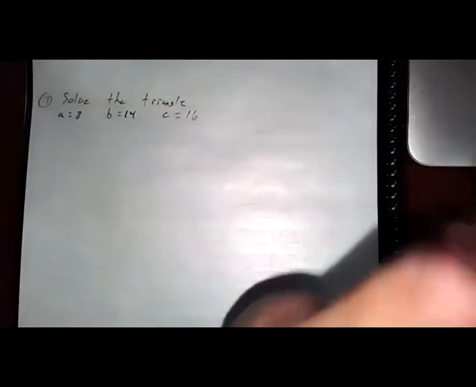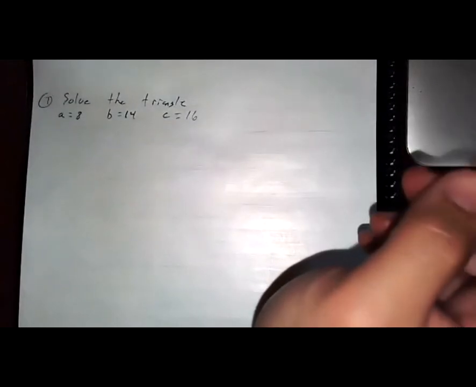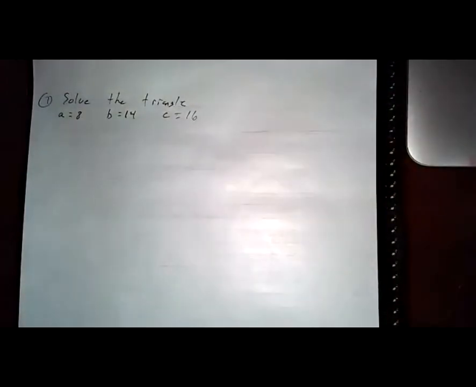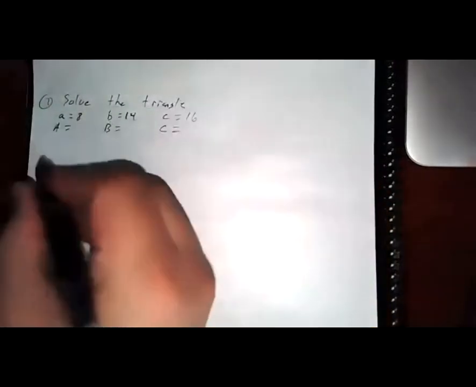Okay, so since I'm only given sides, I have no choice but to use the law of cosines. Remember how I made you 3 formulas for capital A, B, and C? Let me go find those.